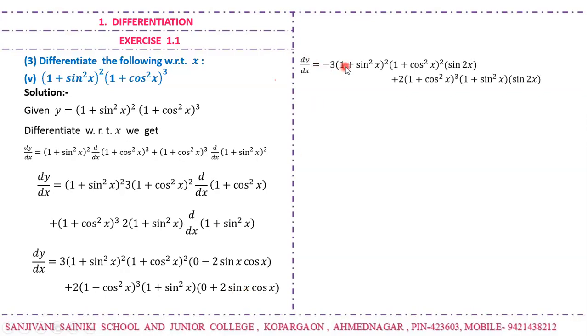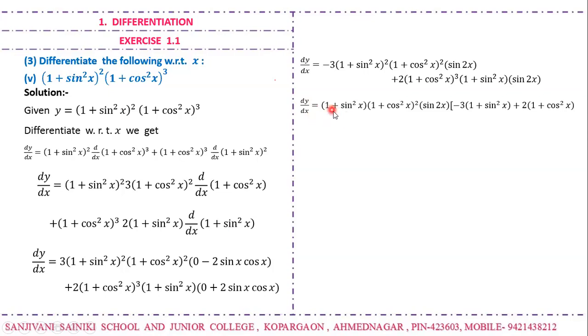So dy by dx is equal to minus 3 times (1 + sin²x)² (1 + cos²x)² into sin 2x, because 2 sin x cos x is sin 2x, and plus 2 times (1 + cos²x)³ into (1 + sin²x) into sin 2x.